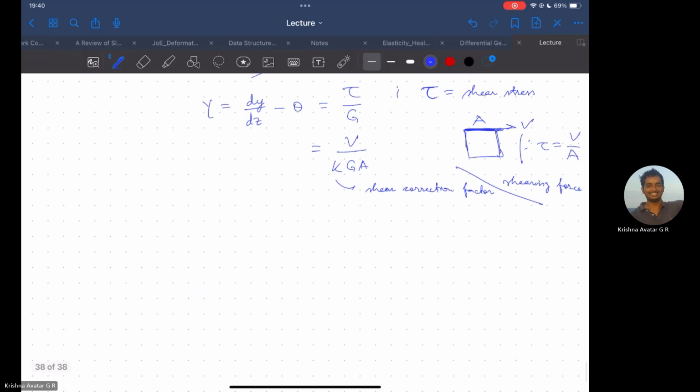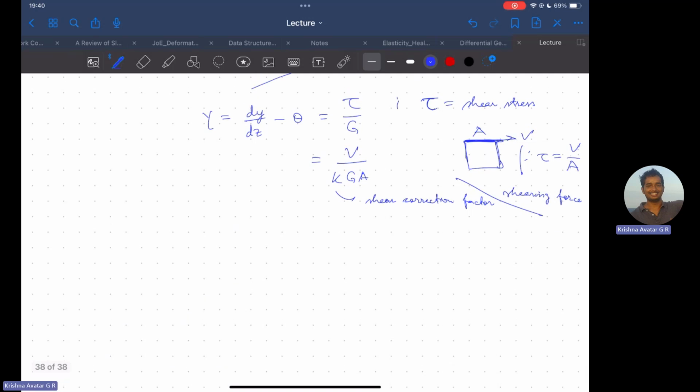And A is the cross-sectional area. With this, we can clearly write dy by dz is equal to gamma plus theta. Gamma is due to shear, and theta is due to bending.